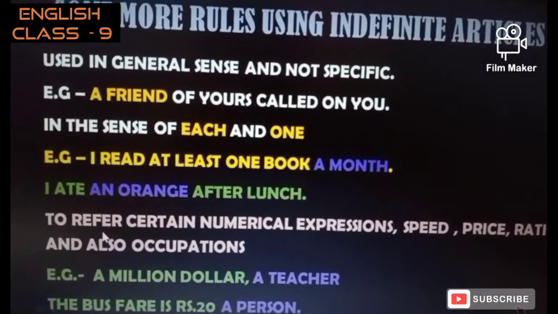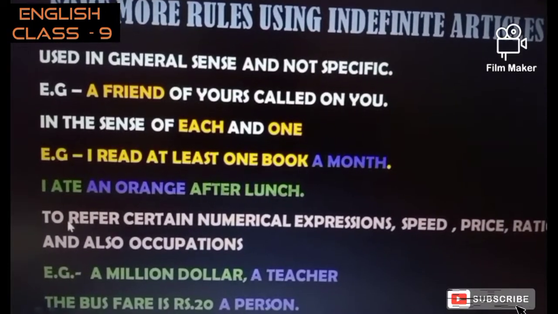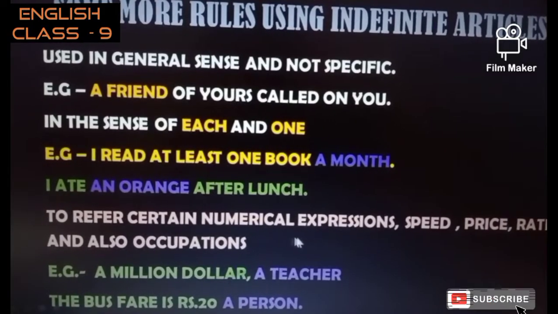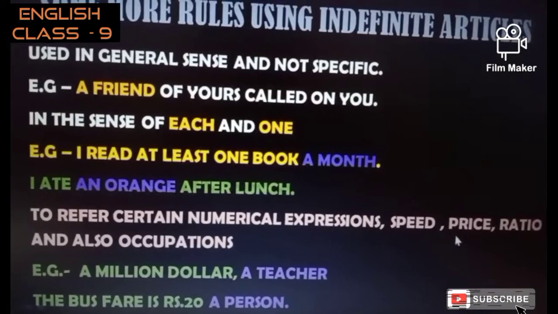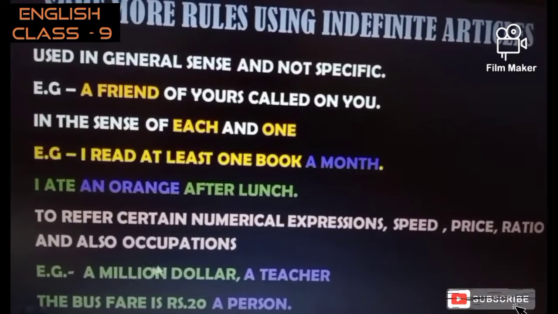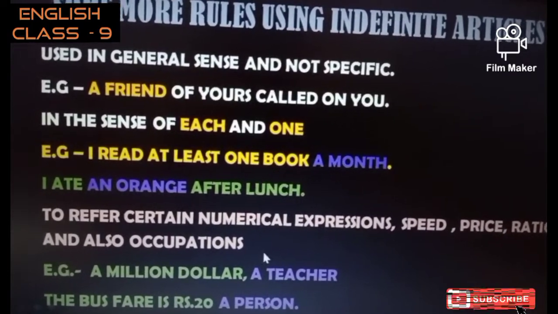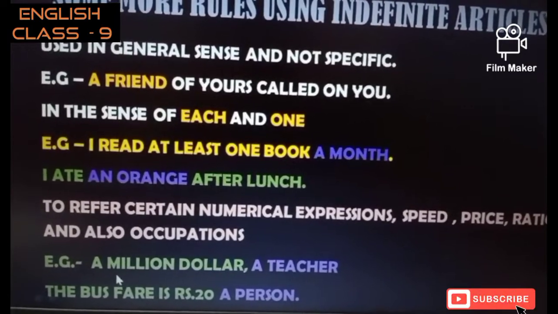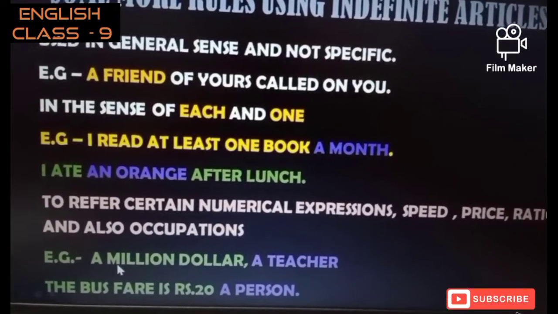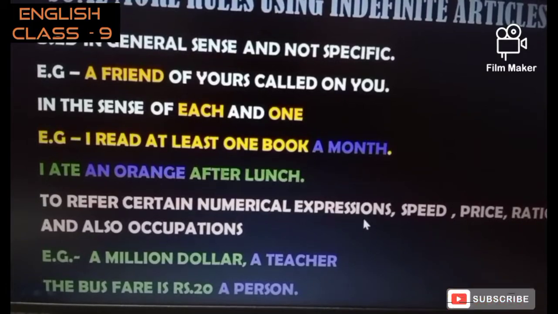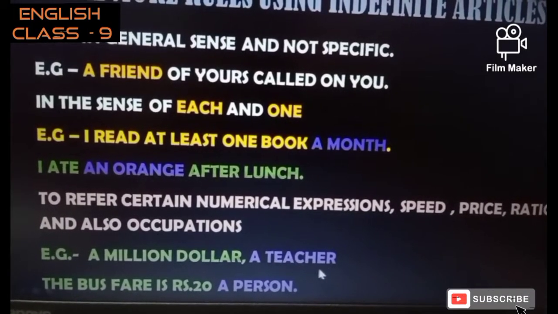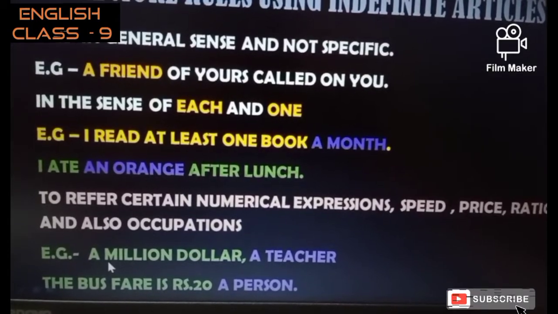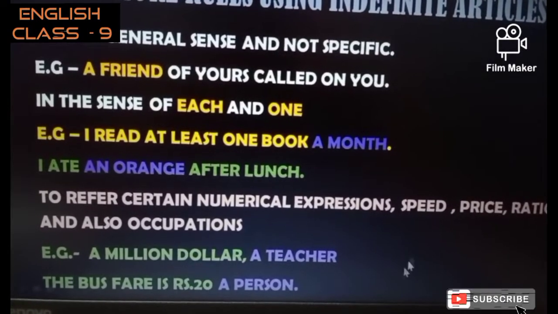Next ones. The same indefinite articles can be used to refer to certain numerical expressions, just like in maths, then speed, then price, then ratio, and also occupations of people. Example here, $1 million. It's a numerical expression. A teacher, a lawyer, a civil engineer, these are called occupations.